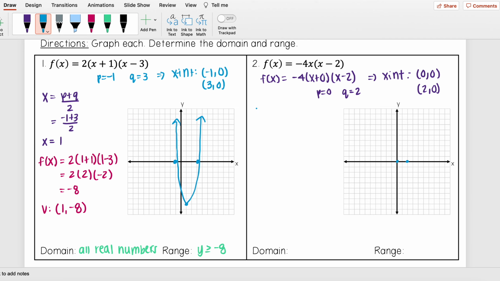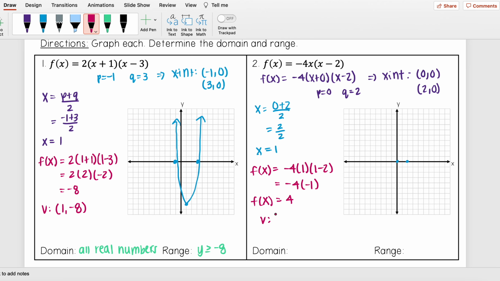And now we'll go through that same step. Finding my x, I'm going to do p plus q, so 0 plus 2 over 2, which is just equal to 2 over 2. So I get that x is equal to 1. And then plugging that in for f of x, I get negative 4 times 1 minus 2. And so I have negative 4 times negative 1. So I get f of x is equal to 4.